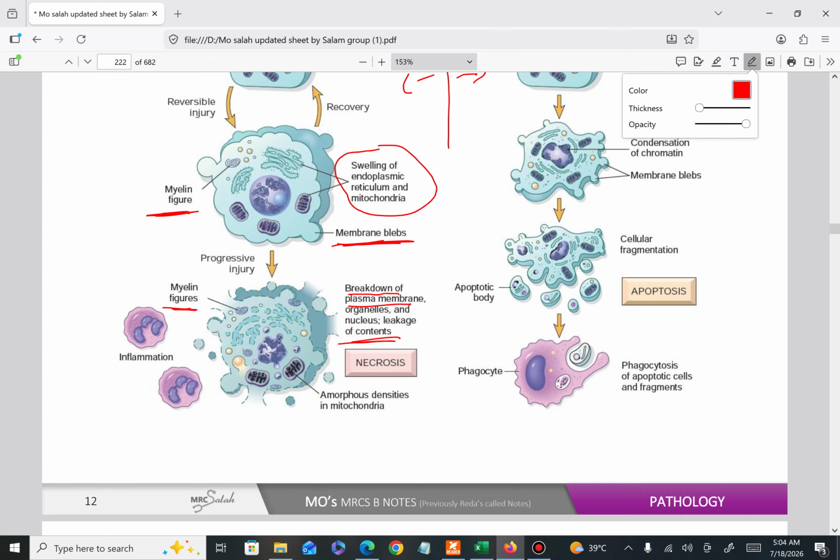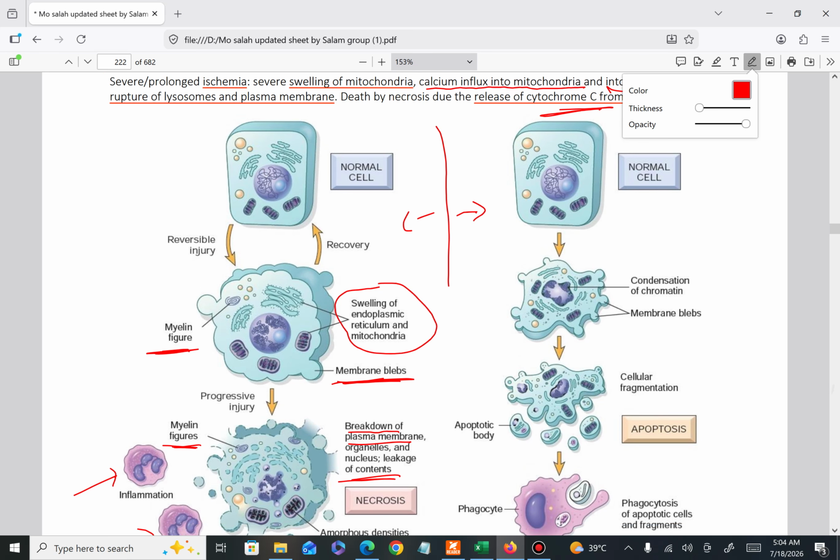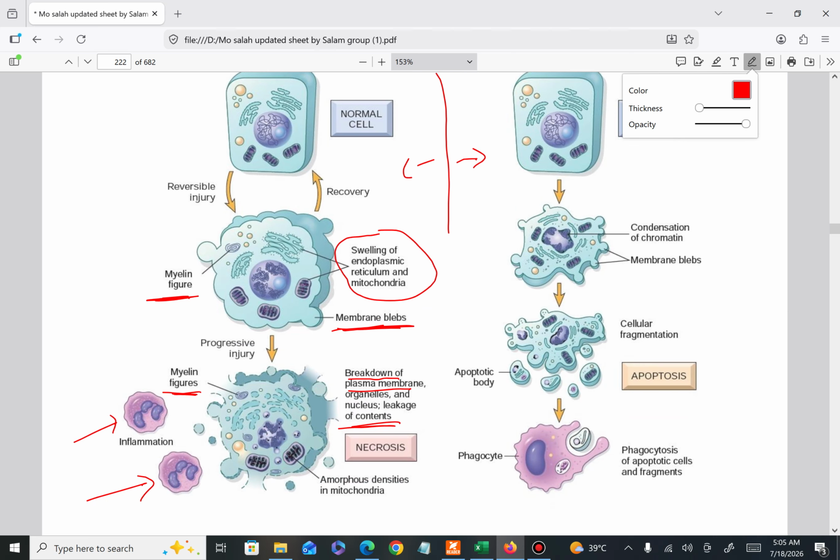As the cellular contents leak out, they cause inflammatory cells to travel to the site of necrosis. So necrosis is always accompanied by inflammation. But in apoptosis, first there is condensation of chromatin and membrane blebs are formed.